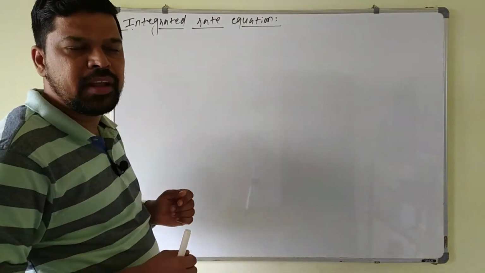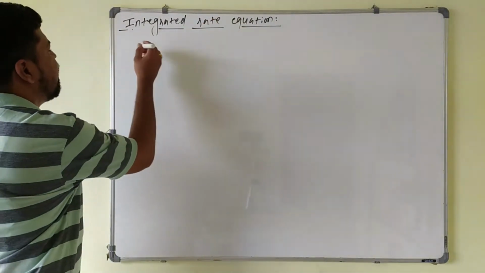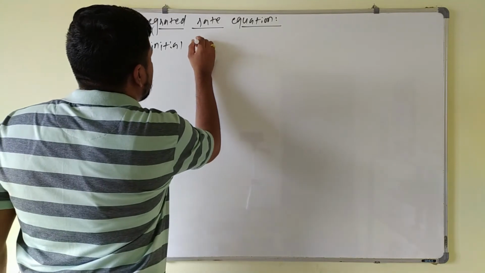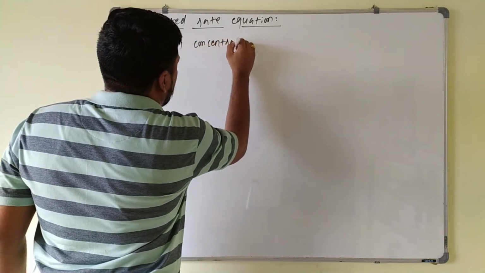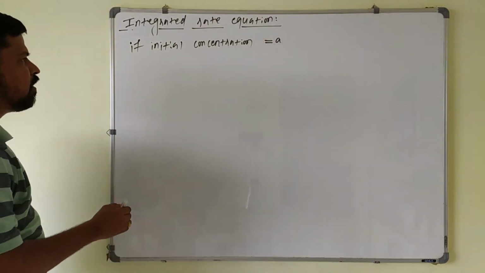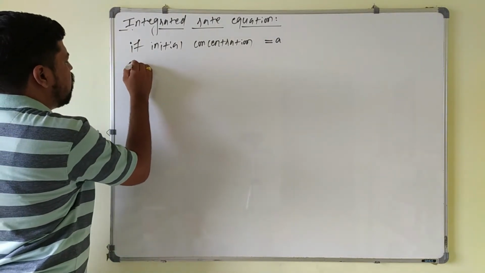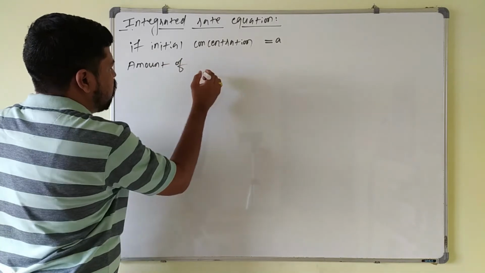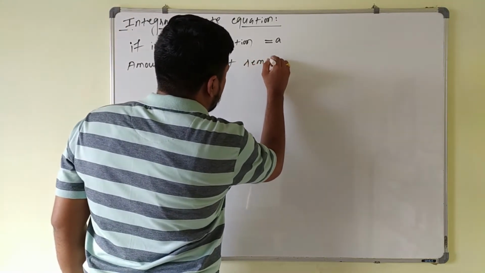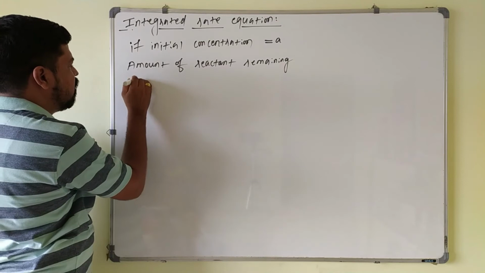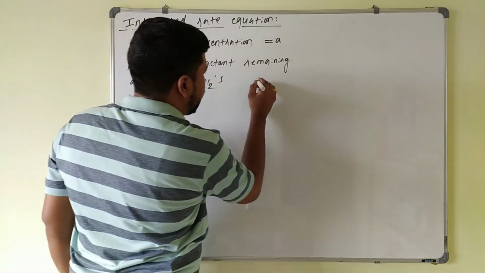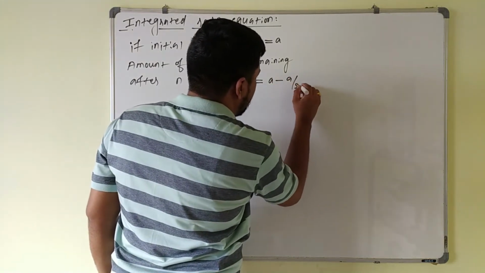So for a reactant remaining after n half-lives, in case of first order, if the initial concentration of reactant is A, then the amount of reactant remaining after n half-lives will be A minus A by 2 raised to n.